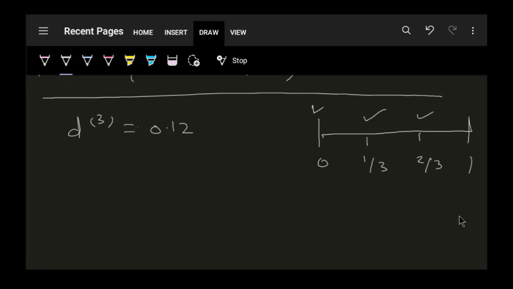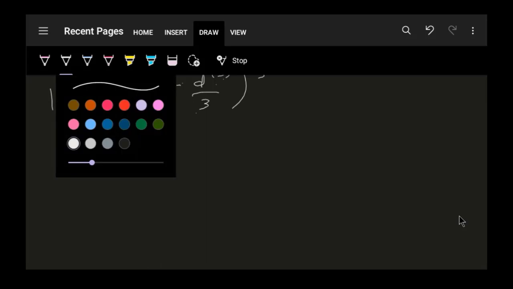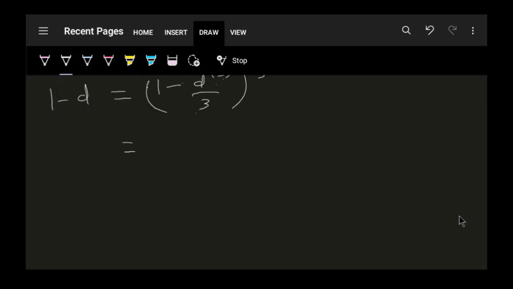To calculate the annual effective discount rate D, 1 minus D is equal to 1 minus D3 upon 3, to the power 3, or the effective factor or the effective rate applicable to this period here.